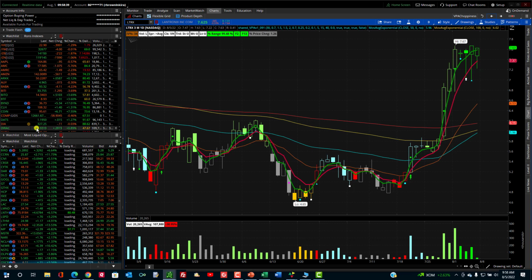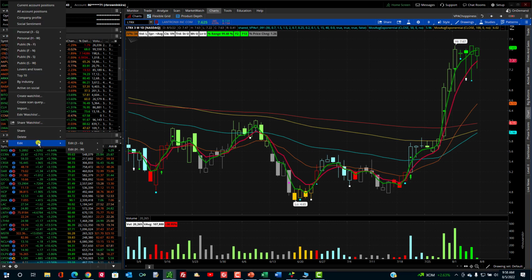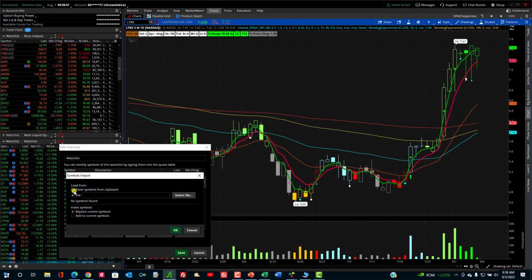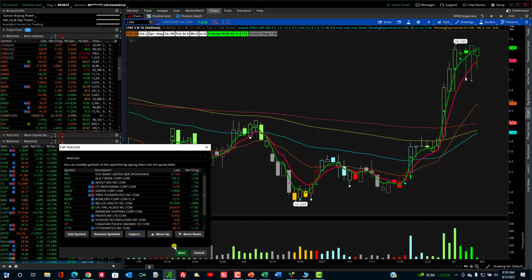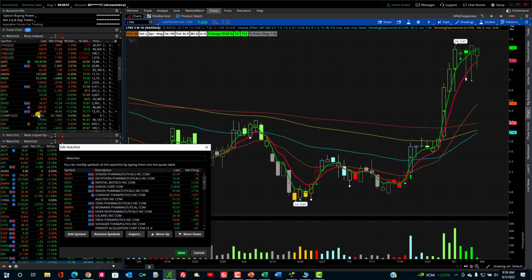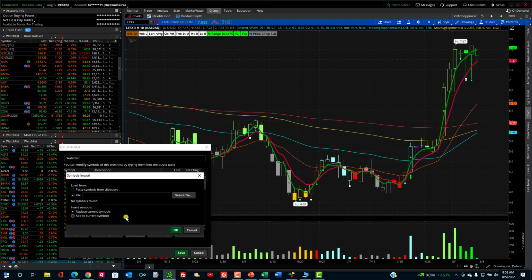Let's go into Thinkorswim and take a look at these. Once again, I'm just interested in the current watch list. So I edit the watch list, I import, I paste, I'm replacing, and we'll have 16. Well, I did something wrong there. Let's do that again. Edit the one. Okay, import, paste symbols.